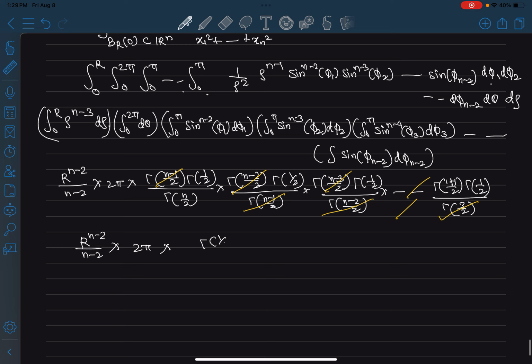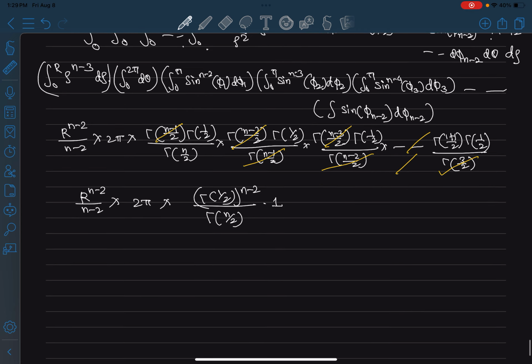Now there are these n minus 2 of such gamma 1 over 2. There's gamma n over 2 and gamma of 1, which is just 1. So I can write this as r to the power n minus 2 by n minus 2 into 2 pi. Gamma of half is root pi, so pi to the power n minus 2 by 2, and then gamma of n over 2.